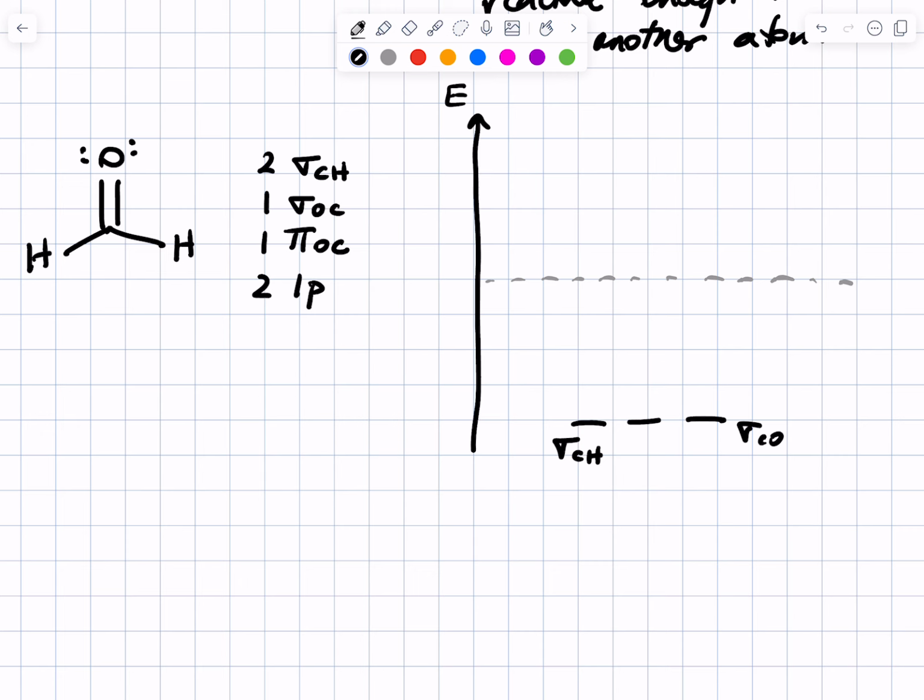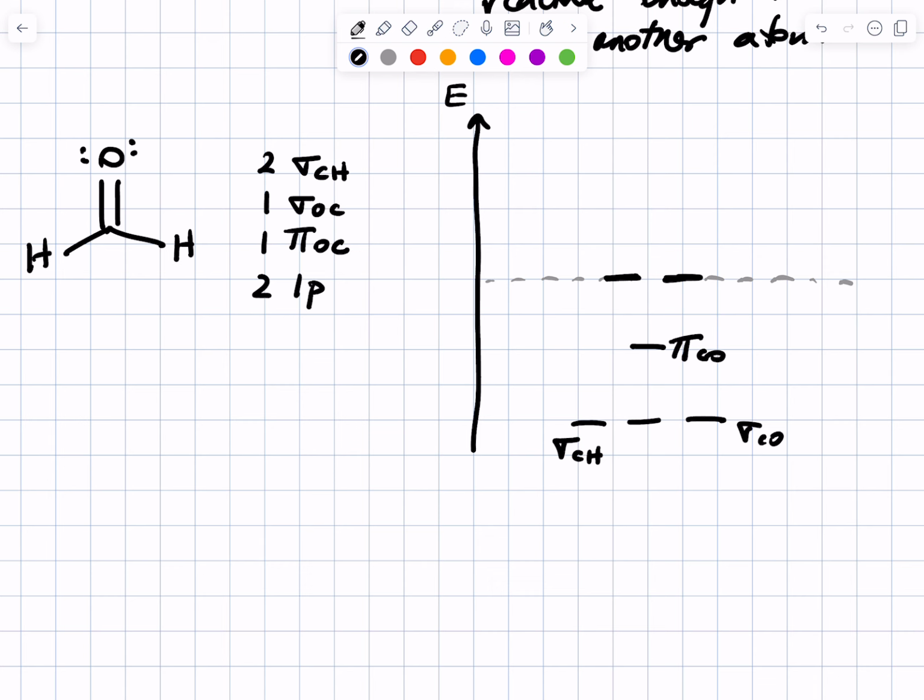Next should be what? What's next? Pi bond, and we're going to put it lower than the gray line. Why? Because it's a bonding orbital. Being in a bonding orbital is stabilizing relative to being not bonded. Now we have 2 lone pairs. Where are those going to go? Right on that line. They are not involved in bonds, so they're neither stabilized nor destabilized.